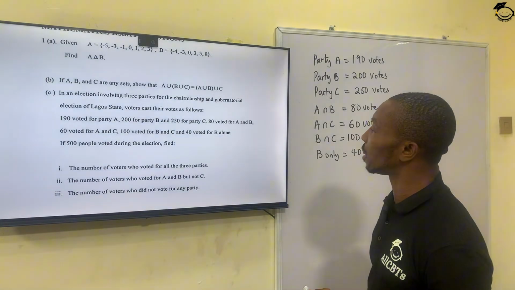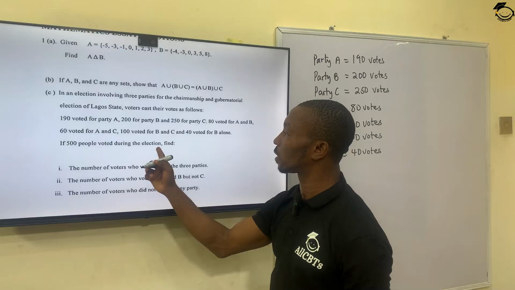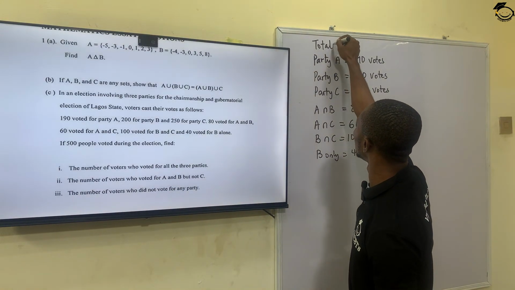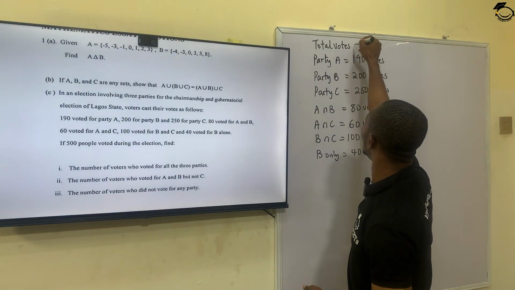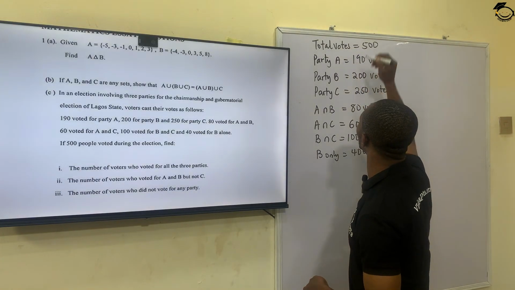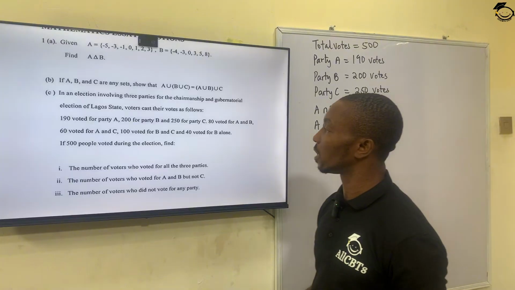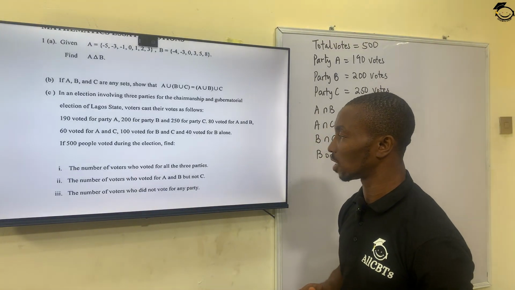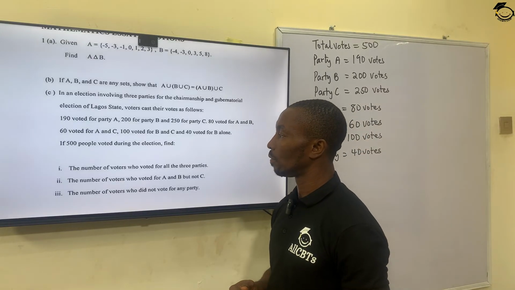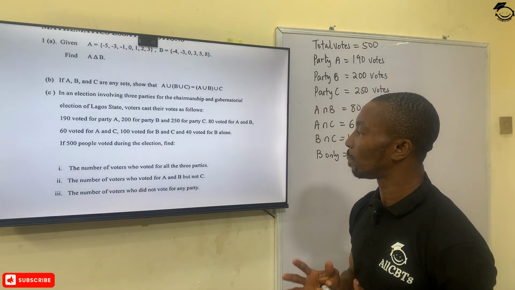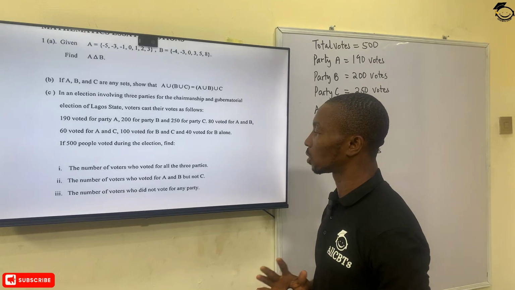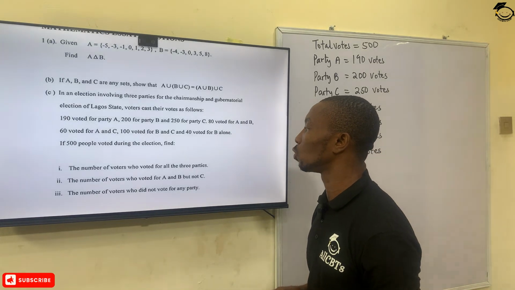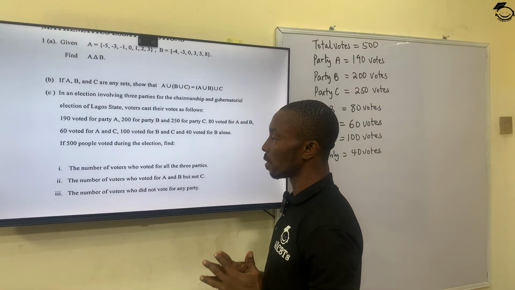Our question says, if 500 people voted during the election, total vote is 500, find the number of voters who voted for all three parties, the number of voters who voted for Party A and B but not C, and the number of voters who did not vote for any party.